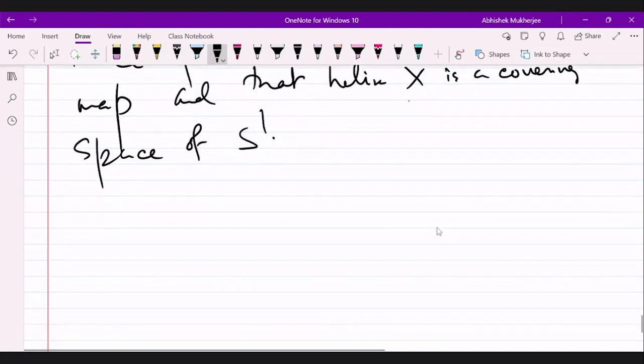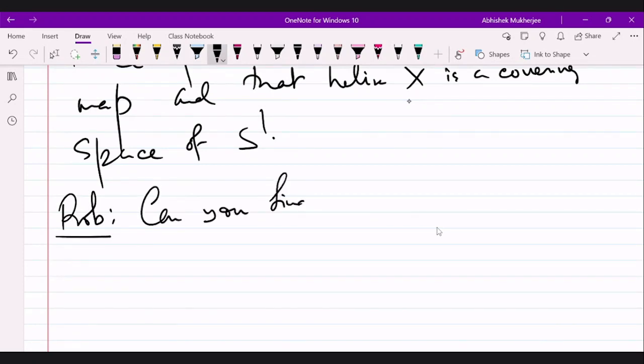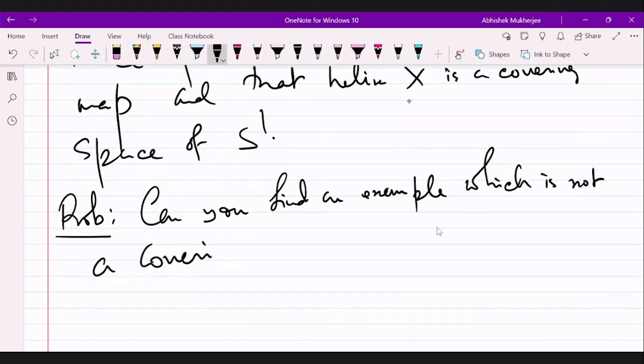So I'm going to give you an exercise here. Can you find an example which is not a covering map?